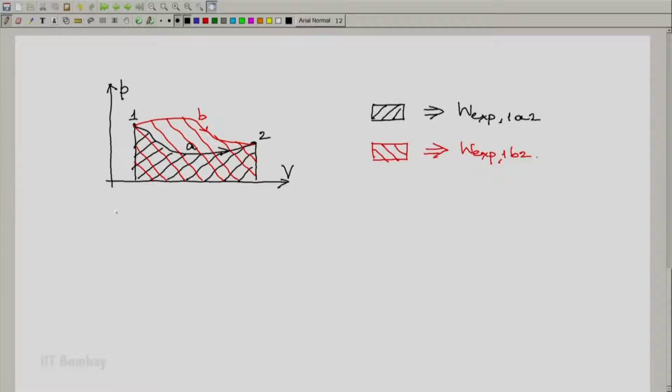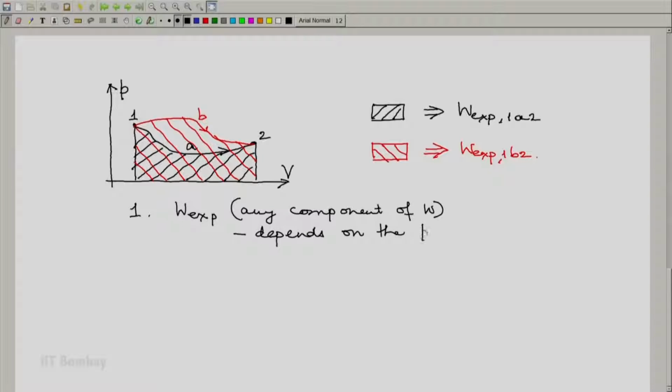So what do we learn from here? We learn the following. One, W expansion, and for that matter any component of W, we have just taken an illustration of the expansion here, depends on the path, and hence we can say that the work interaction for a process depends on the path, not just on the initial and final states.